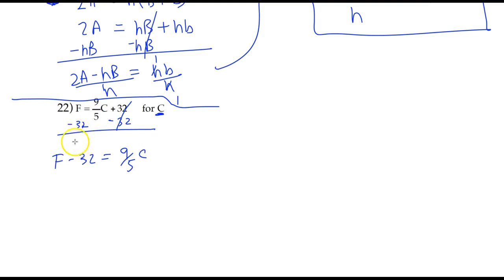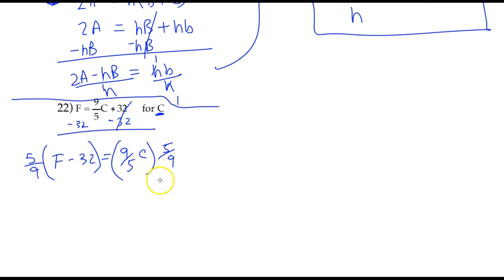And of course here, what I could do to get c by itself, since I have 9 divided by 5, I could divide both sides by 9 over 5, but that's the same as multiplying both sides by the reciprocal of 9 over 5, which is just 5 over 9. So here, we're going to multiply both sides by 5 over 9.